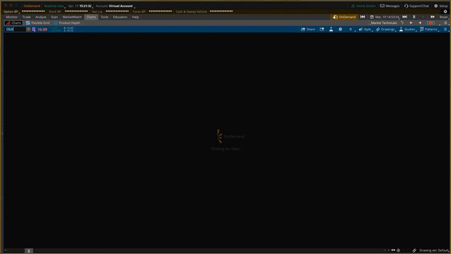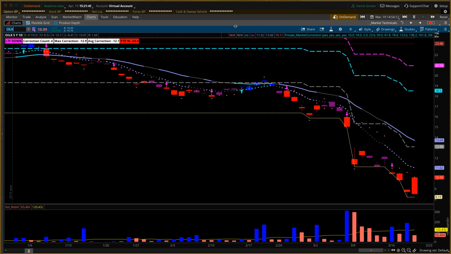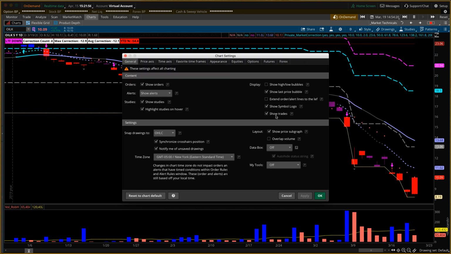We'll load that up. Okay, and then here's the chart of OILK. Now, I just realized something, that I showed you how to turn on the setting for showing your trades, but we're in the on-demand feature, and that doesn't show trades that took place in my live account.